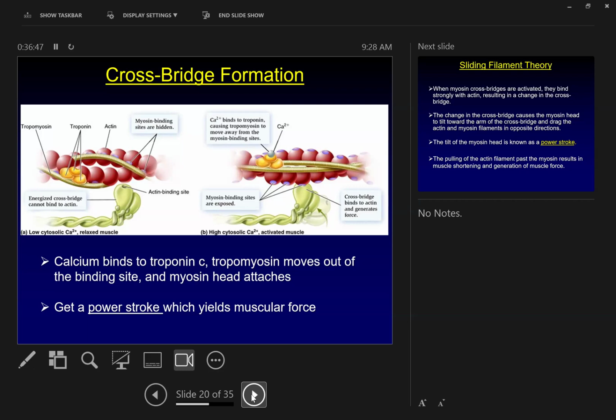When actin and myosin bind together, we call that, when they are bound, a cross bridge. We must form cross bridges to get force. Force production at any point is directly related to the number of cross bridges that are engaged.